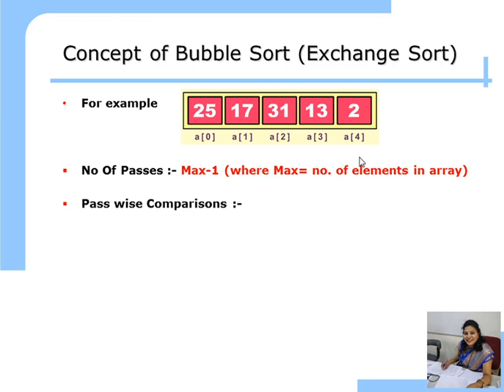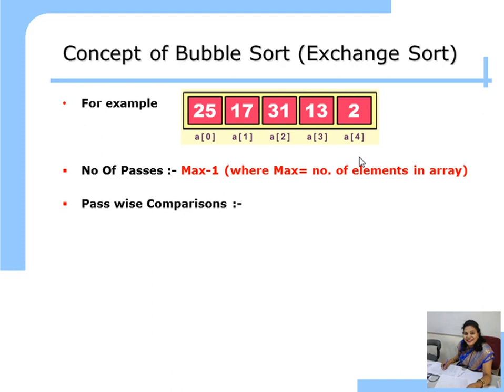Similarly, at the end of the second pass, the second largest element, which is 25, will come at the second last position. After the third pass, the third largest number, which is 17, will come at the third last position. And after the fourth pass, the fourth largest number, that is 13, comes at the fourth last position, that is A of 1.